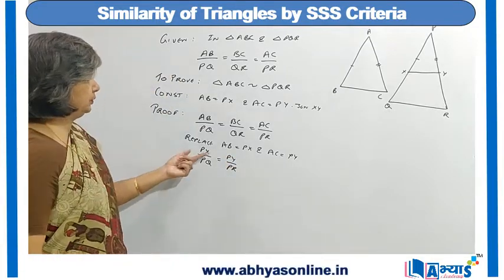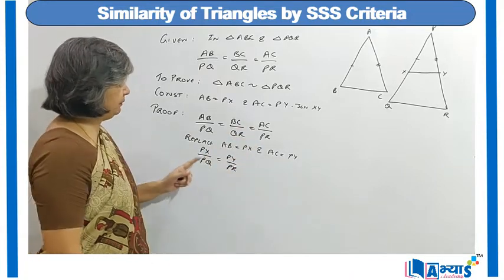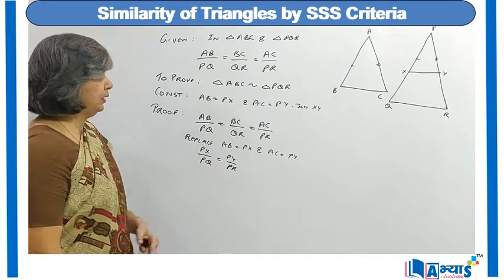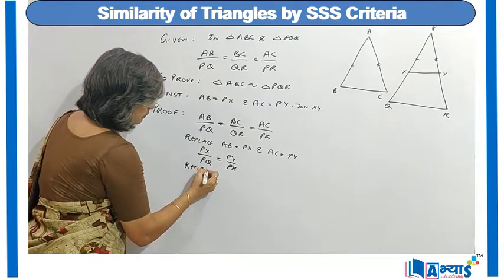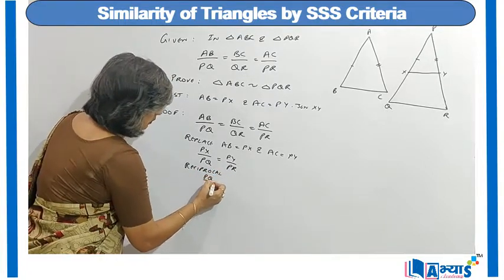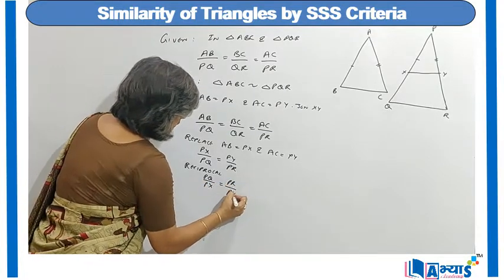So we will get a ratio, as we have replaced AB with PX and AC with PY, we have got PX upon PQ is equal to PY upon PR. Now we will take the reciprocals. Reciprocals will be PQ upon PX is equal to PR upon PY.